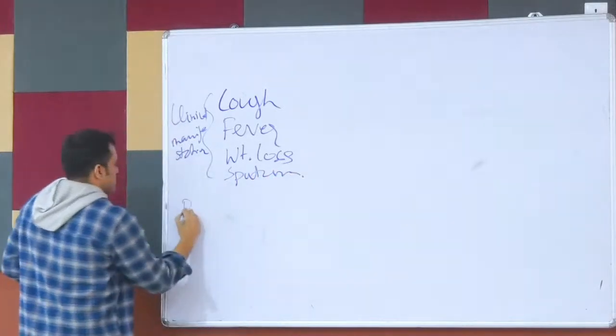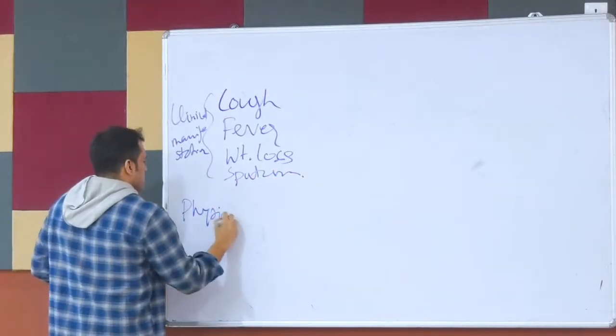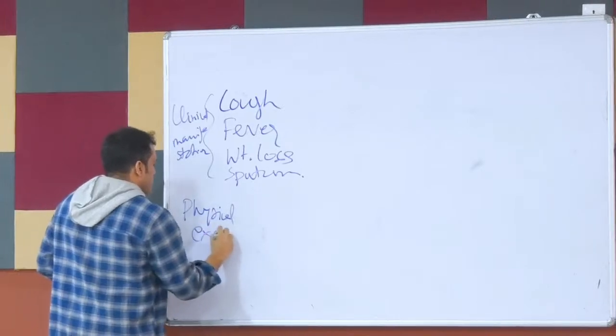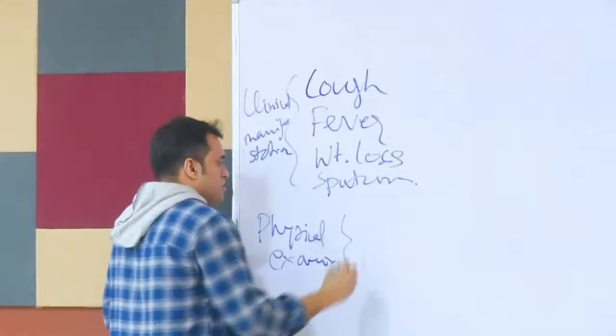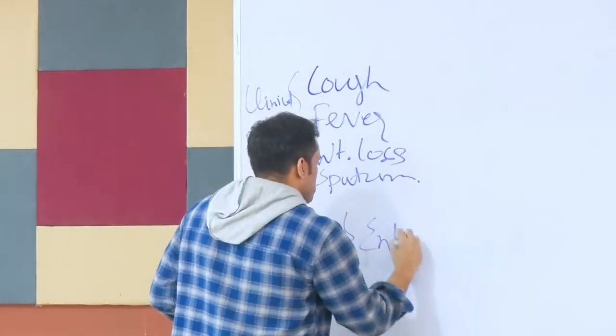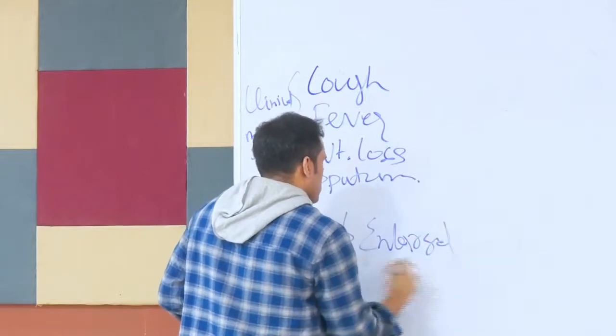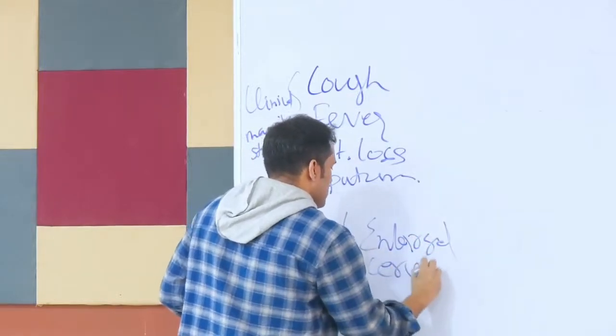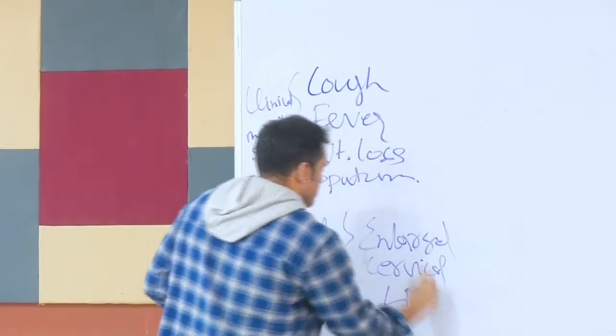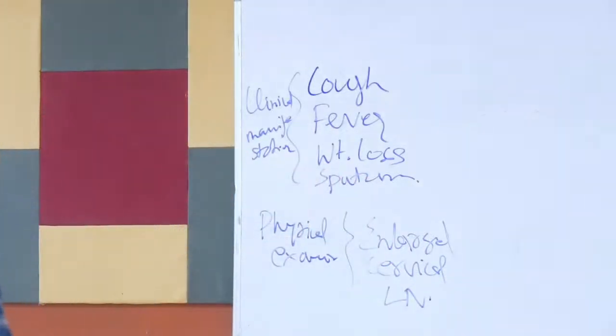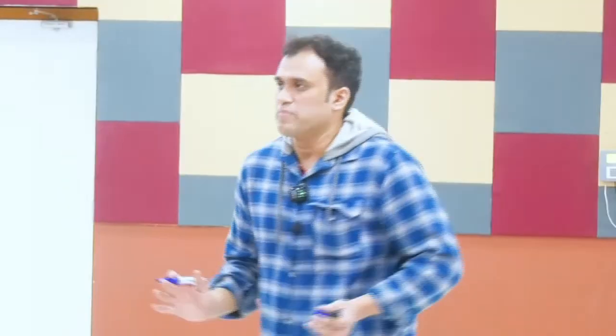You do a physical examination of the patient and you see one enlarged cervical lymph node. A patient presents to you with cough, sputum production, fever, weight loss, evening rise of temperature.